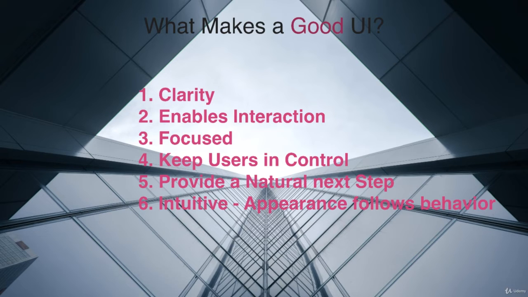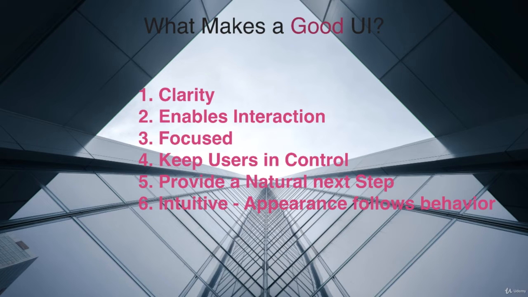Also, we need to make sure that it provides a natural second step. Users need to intuitively know what comes next as they interact with a good user interface. Don't leave users hanging after they have done what you want them to do. For instance, if there's a button that they press or click, and they need to be taken to a different screen, that is the expected interaction.